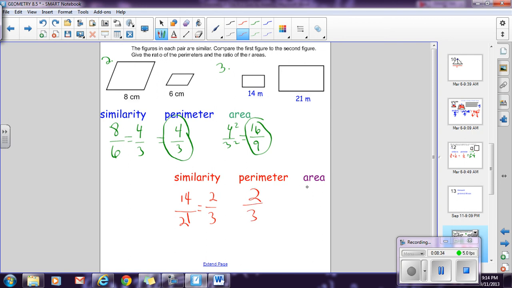Okay, can you try to figure out the area? What do we do to get area? We're going to take 2:3, and we're going to square it. I get 4:9. So these two guys have a 2:3 ratio, but their area ratio is 4:9.